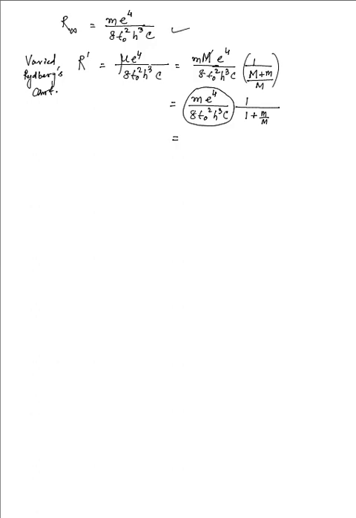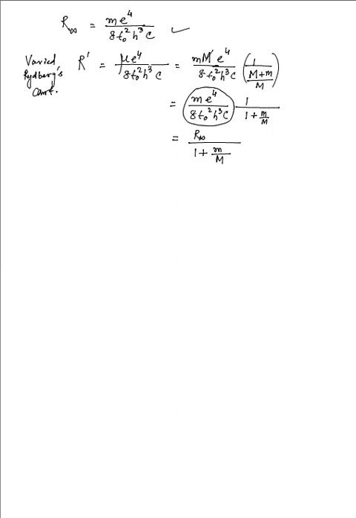So this is R infinity, considering the infinite mass of the nucleus compared to the mass of the electron, and then we have that divided by small m by capital M, mass of the electron by mass of the nucleus.